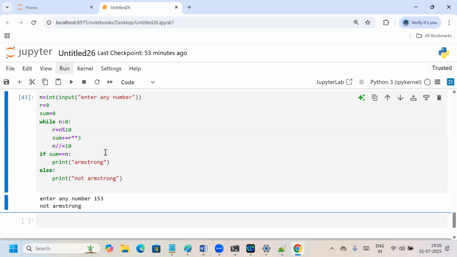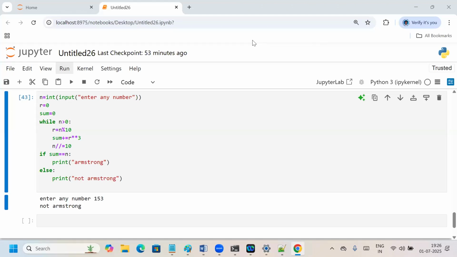Okay, so what's the problem in this code? What's the problem in this code, guys? Yes, anyone? What should I change in this code? You have written a very beautiful code, but tell me further, what should I change in this code? It says not Armstrong.